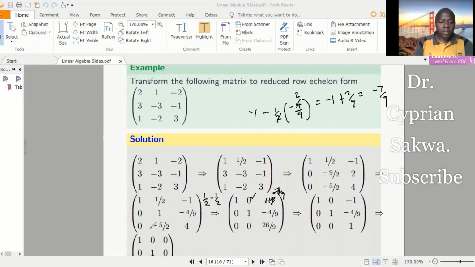Now we come to the second row and create a 0 in this position. And we already said that will be achieved when we take row 3 and then add 5 over 2 of row 2.